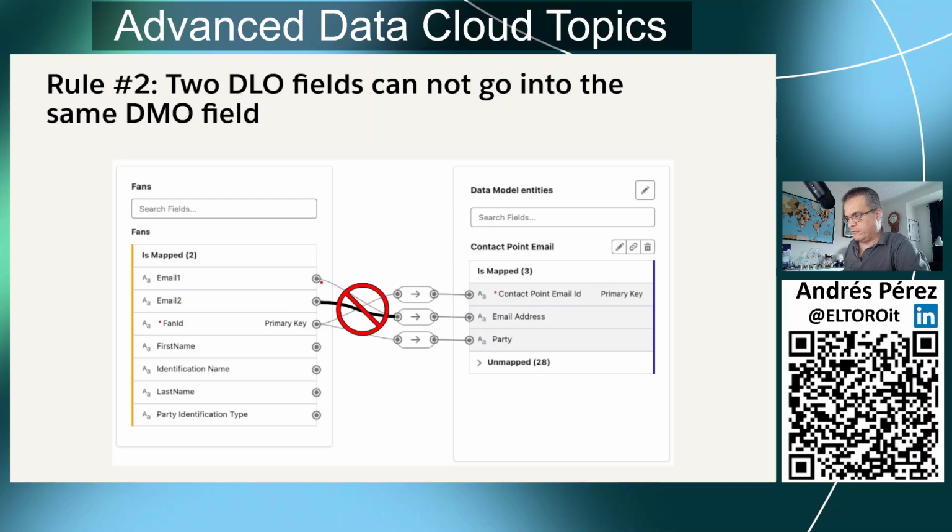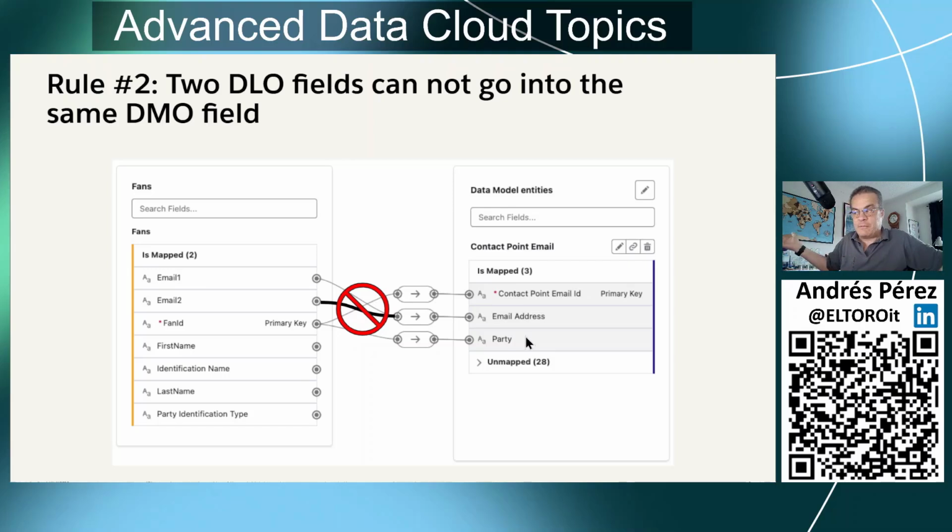Because the value of two different fields cannot both be mapped to the same field, because you have two different values. This is A at pizza.com and this is B at pizza.com. Here we need one address. It's going to either be A at pizza.com or B at pizza.com, but it cannot be both. So you cannot do that either.